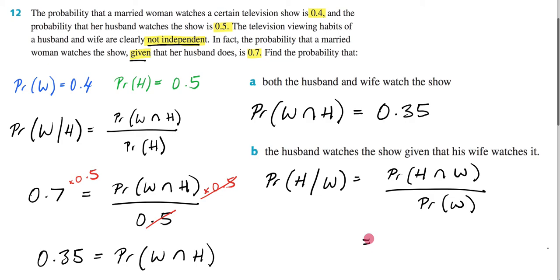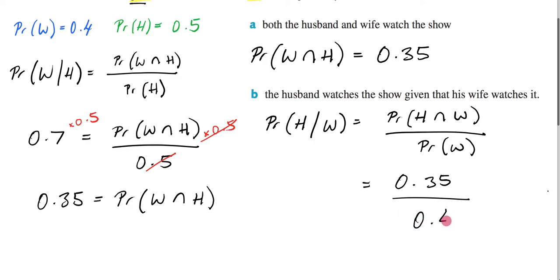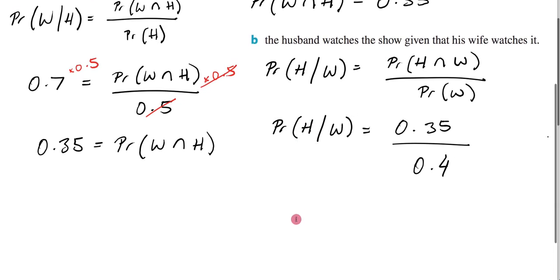We've already figured out that the probability of H intersection with W is 0.35, and we know the probability of the wife watching the show is 0.4.